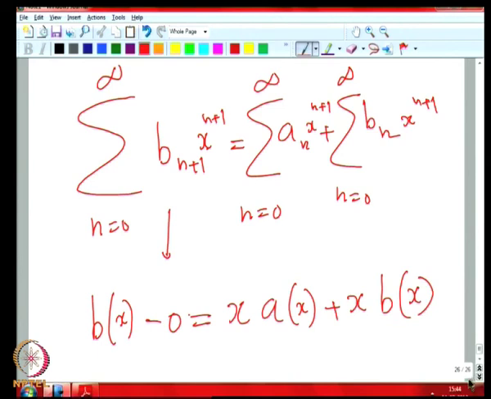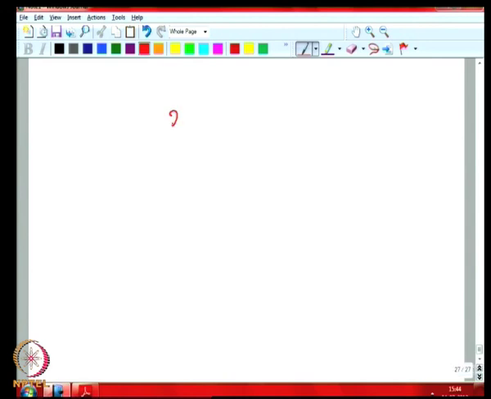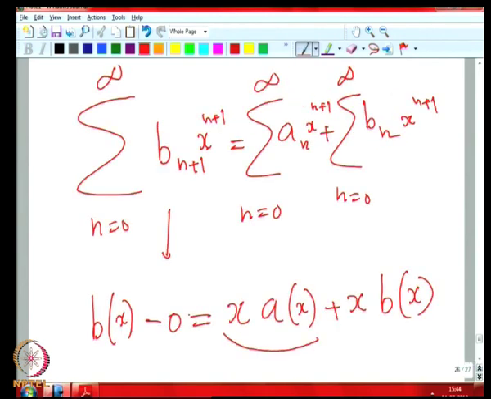So now we have two simultaneous equations in a of x and b of x. I can try to rearrange this. It will be x into a of x plus x minus 1 into b of x equal to 0. I just took x into a of x here, and b of x is brought here, so x minus 1 into b of x is equal to 0.